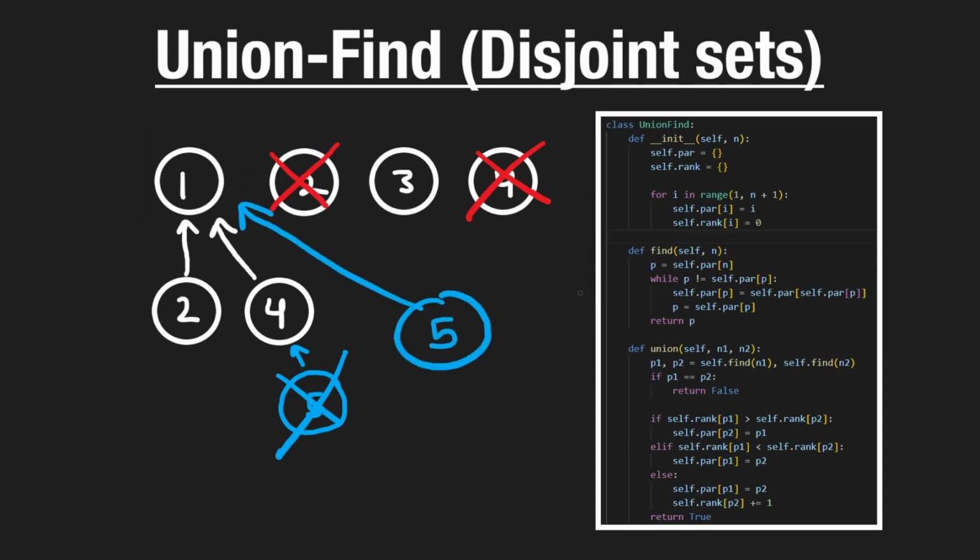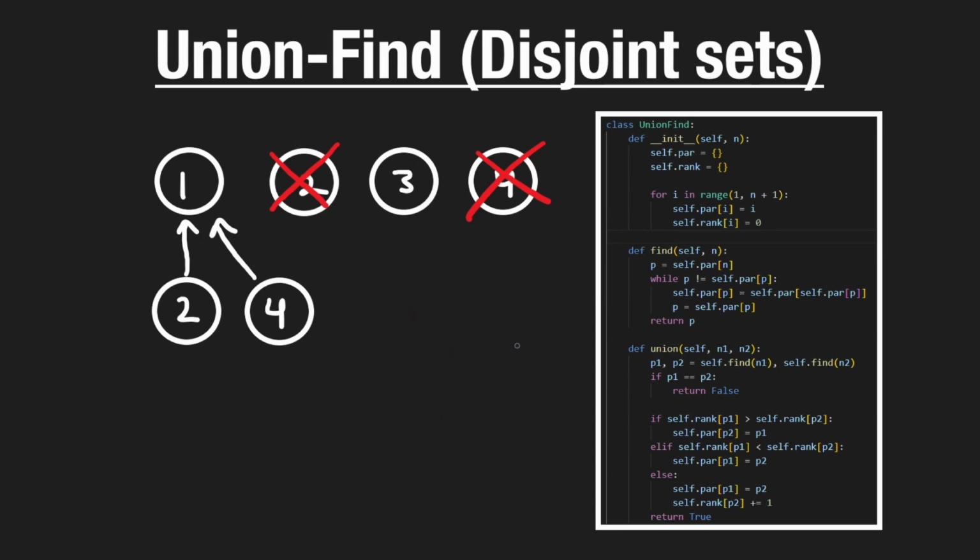And we keep doing that as we traverse the chain. This doesn't make the find operation more efficient the first time, but if we ever run find on 5 again, it will be more efficient. And since it's just one line of code, it's a good thing to do, but it's not always required in union find. Now, finally, we can move on to the union function.